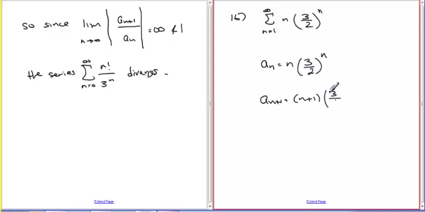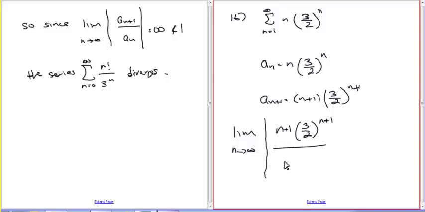So the ratio test says we take the limit as n goes to infinity of the ratio of a sub n plus 1 divided by a sub n, and find out what that is. It's got to be less than 1 for this thing to converge.